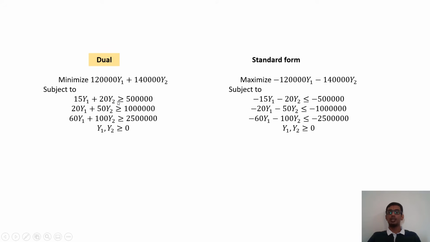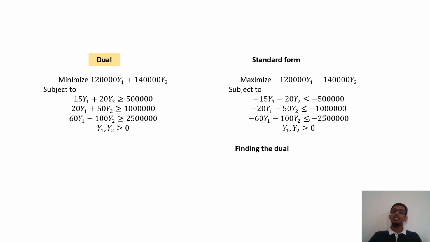So the greater than or equal to constraint will become less than or equal to constraints here, and all the left hand side and the right hand side values become negative. So you have minus 15 y1 minus 20 y2 less than or equal to minus 5 lakhs. So what I have done is you have just multiplied by a negative sign the objective function and the constraints, and you have obtained the standard form with a maximization and a less than or equal to constraint structure. So you have obtained the standard form.